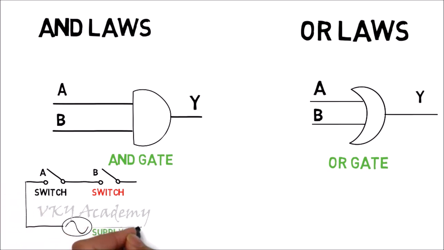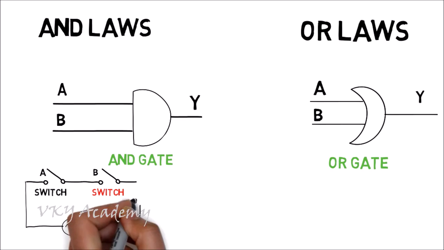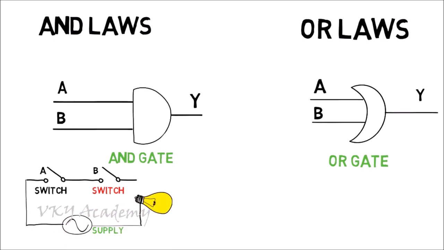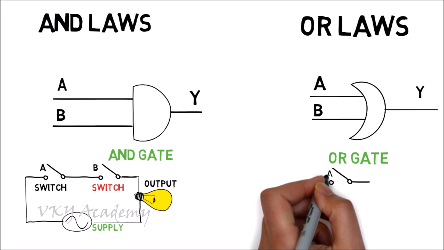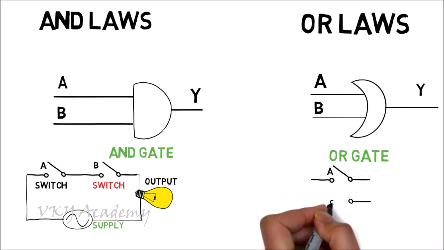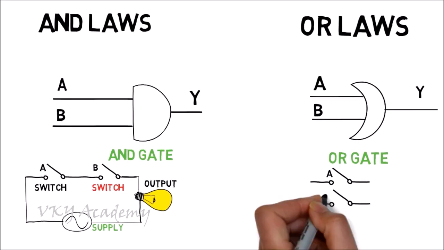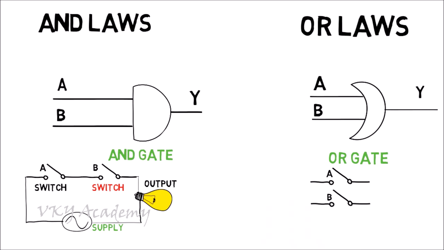Similarly, the behavior of OR gate can be explained with the help of an electrical circuit. For OR law, the switches A and B are connected in parallel. The supply is given by the power supply, and the output is verified with the help of output load.